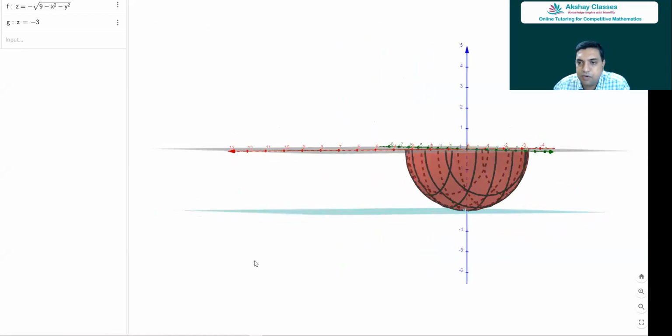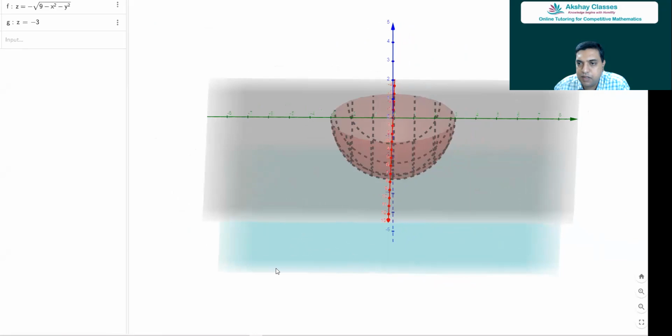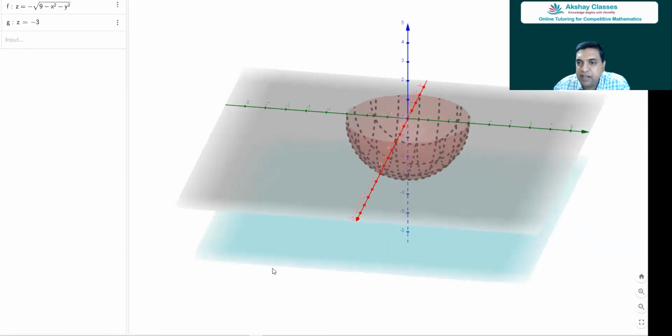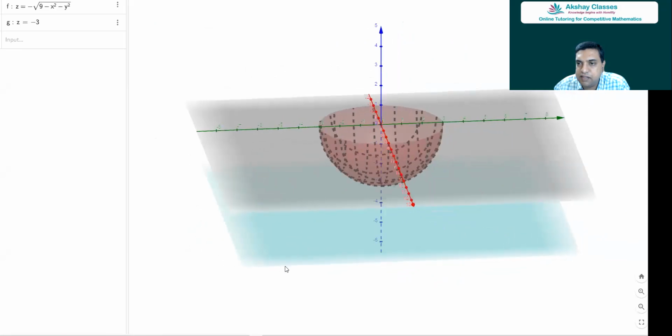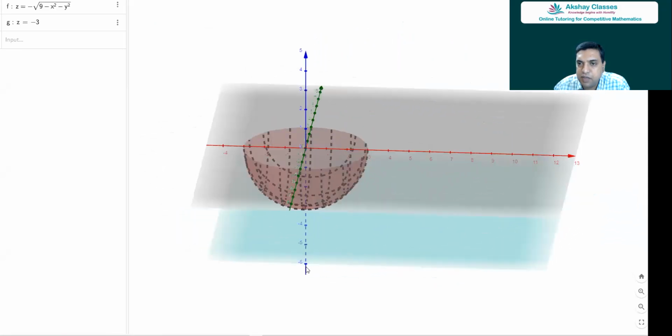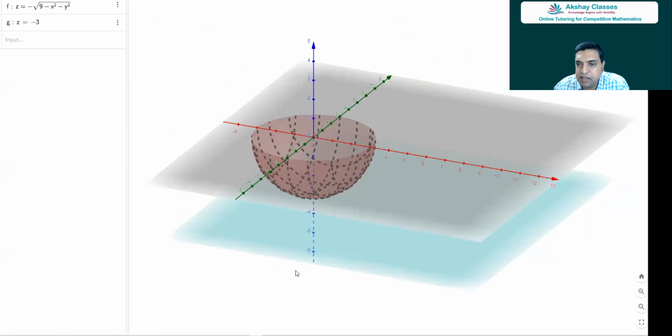So let us explore. So the red line is the x-axis, green is the y-axis, and blue is the z-axis.